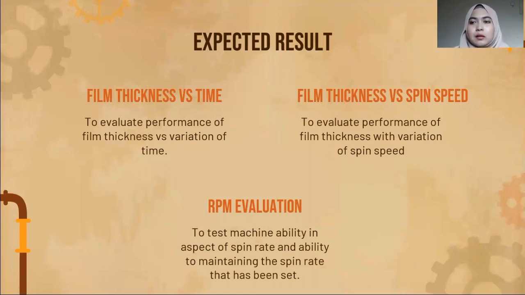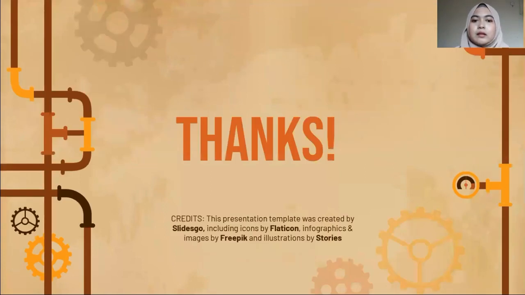It will test the machine's ability to maintain the spin speed during high spin mode, and also its ability to maintain the RPM during low spin mode. That's all from me.